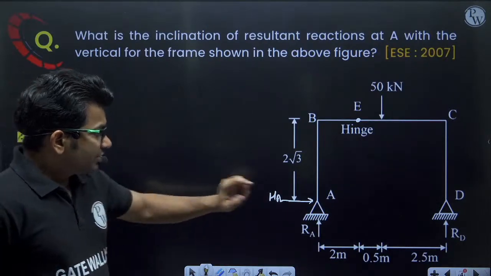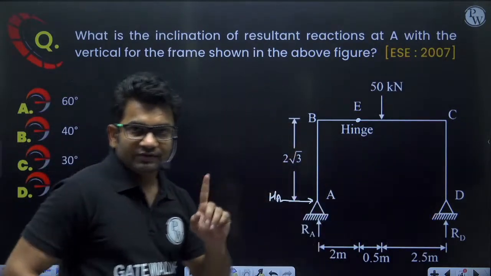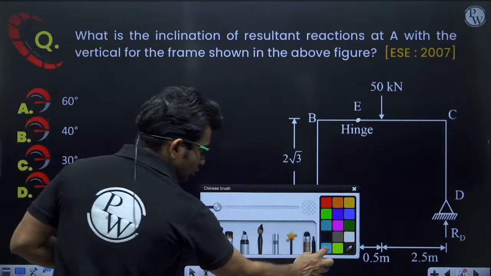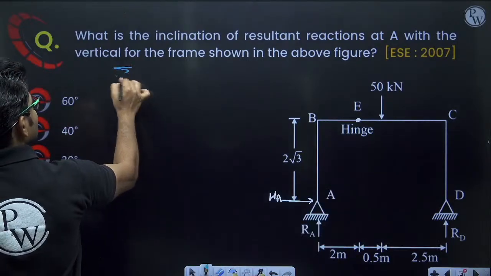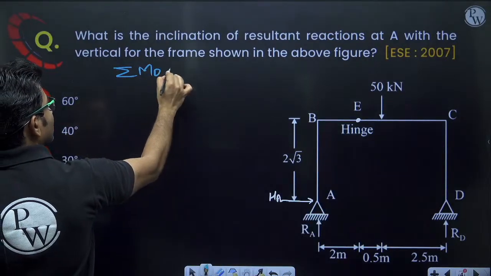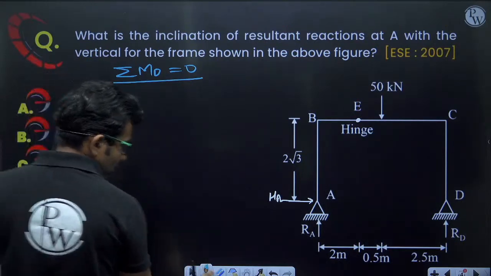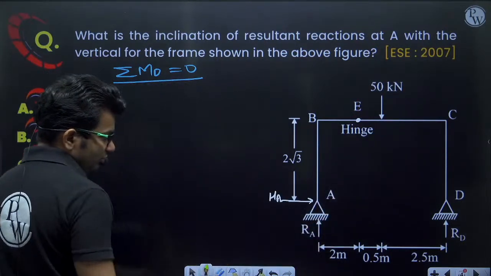If I take summation of moment about D equal to 0, what will I get?